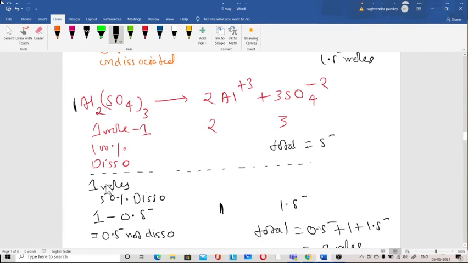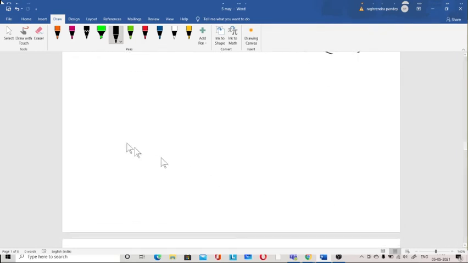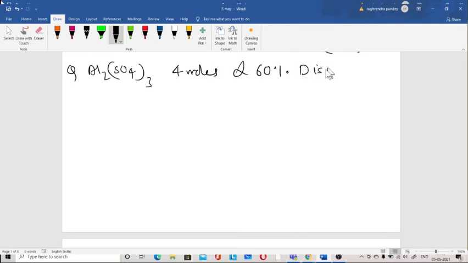Let's take this aluminium sulfate, 4 moles and 60% dissociation. So what are the total moles you have to find?